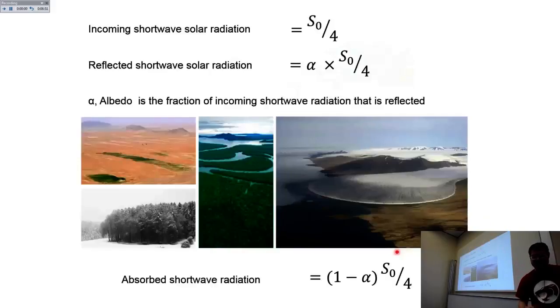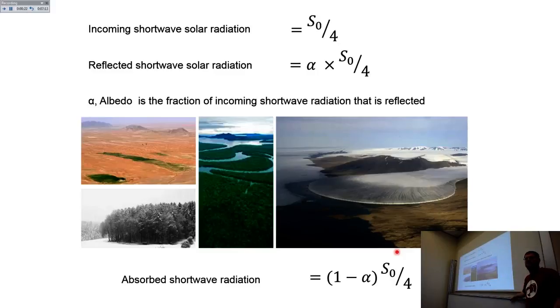So this is the basis of the model that we went through in the introductory video. The incoming shortwave radiation is just the solar constant divided by 4. So that's the 341 watts per square metre. The amount reflected is the amount received, S0 divided by 4, times the reflectivity.